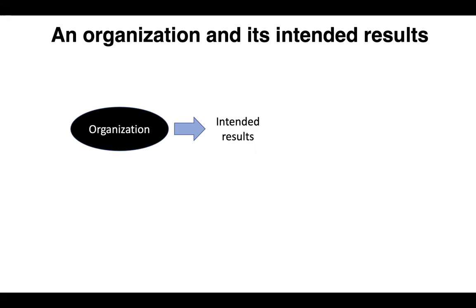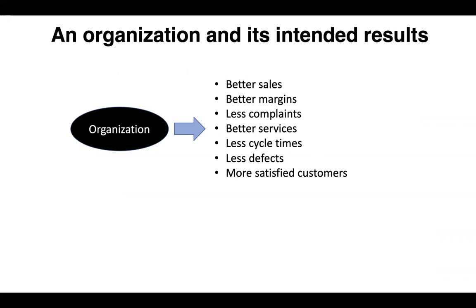And it is through those processes that an organization achieves its intended results, its objectives. At first glance, we may have something like this: as examples of intended results, things like better sales, better margins, better services, fewer complaints, fewer defects, shorter cycle times, more satisfied customers.